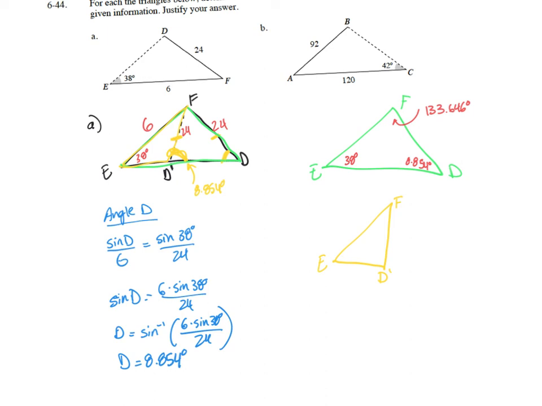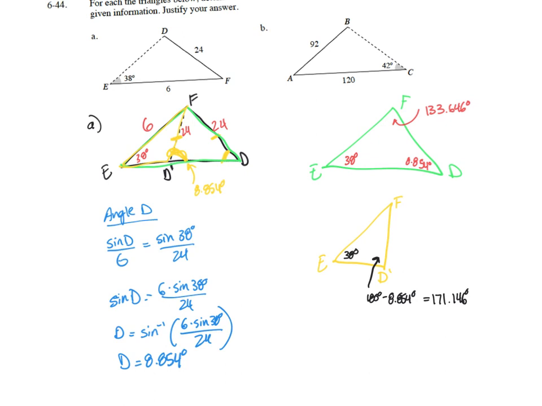Why is that important? That's important because I can now calculate this measurement here. That measurement is going to be 180 degrees minus 8.854 degrees. And so that yields 171.146 degrees, which then allows me to determine what the measure of angle F is. Because recall, angle E is still 38.